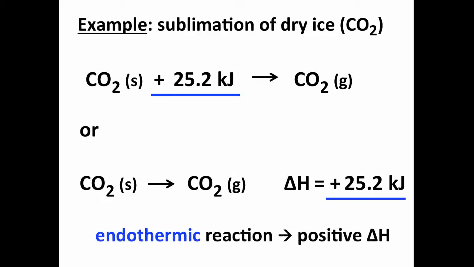And in general, for endothermic reactions, or in this case an endothermic process, the delta H will be positive. So again, either of these two ways are acceptable ways of describing the reaction process, but we most conventionally will write the reaction equation followed by the delta H as our thermochemical equation.